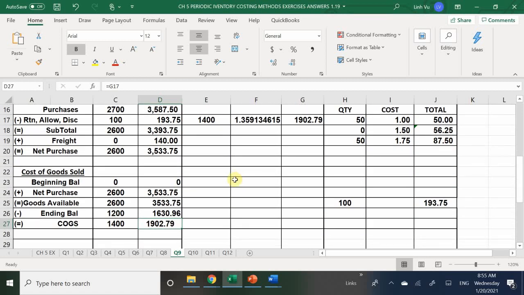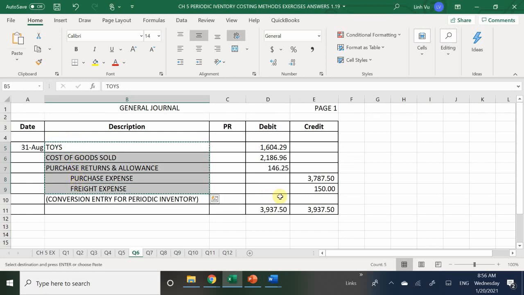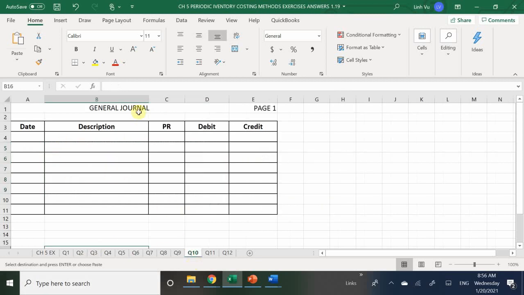Okay. So let's go ahead and complete the very last section here, which is going to be journalizing the conversion entry. So to save some time, I'm going to copy the information from the previous one and paste it here in my journal, because I already know what I'm expected to know.